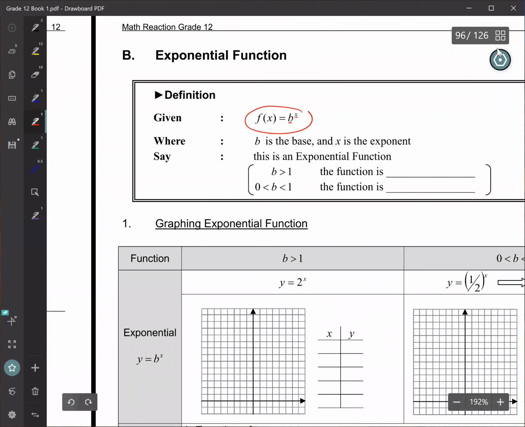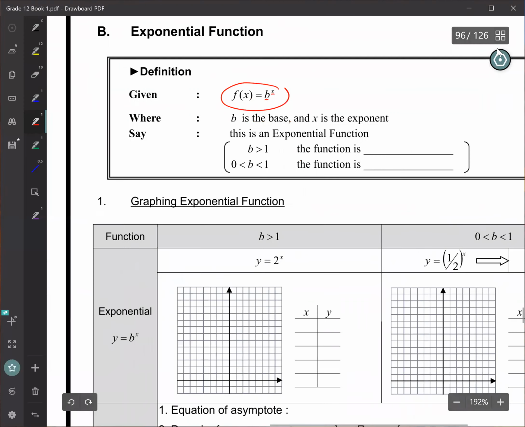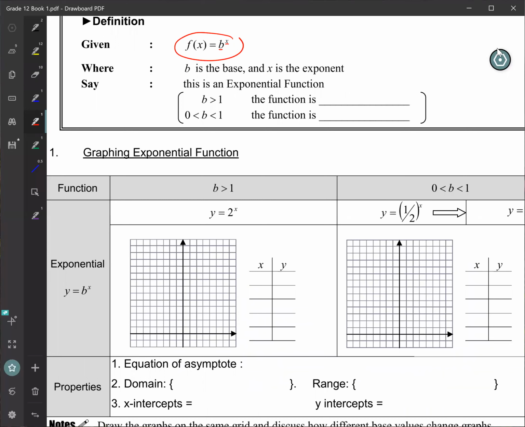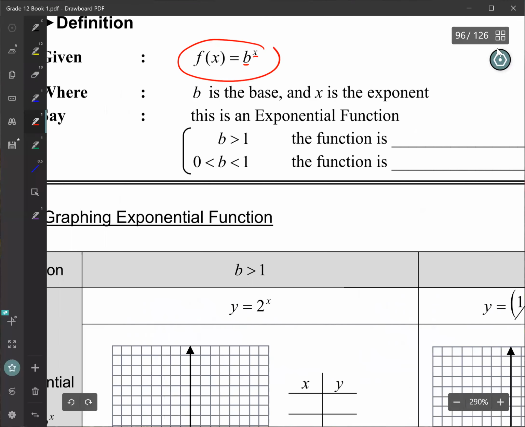So the function can be graphed differently. The shape will look different depending on the value of the base. So here it divides into 2 kinds. One is when the base is bigger than 1. The other one is when the base is between 0 and 1.